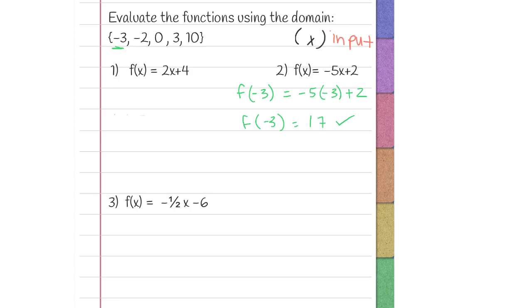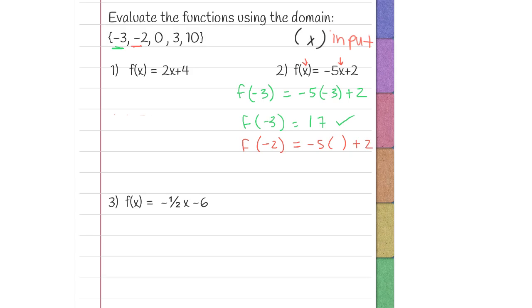Now let's go ahead and move on to the second one, which is -2. Remember, these are all my domains. These are all my inputs, all of my x's, okay? That means that I'm not going to put x anymore here or here. The x's are being replaced. We know what the x's are now. So now I'm going to do f of -2 is equal to -5, and then parentheses plus 2.